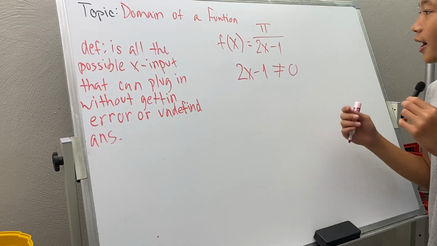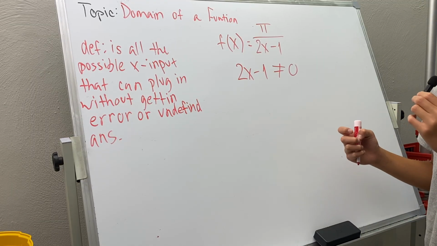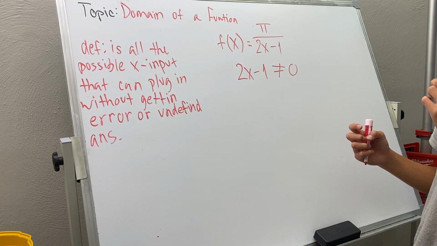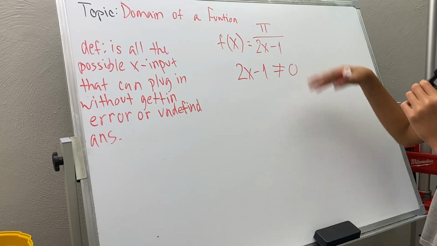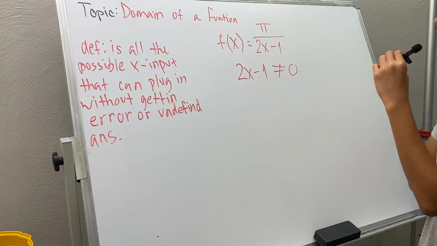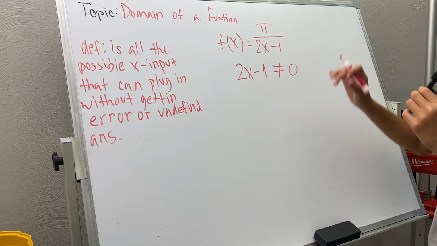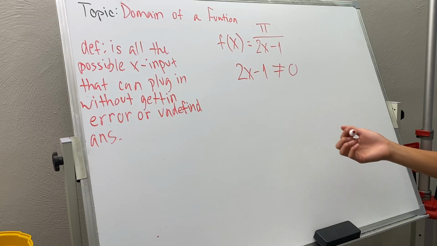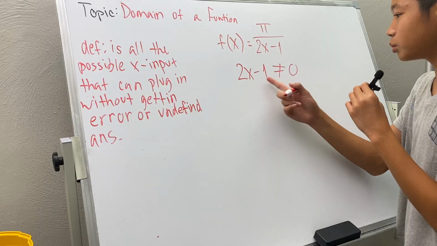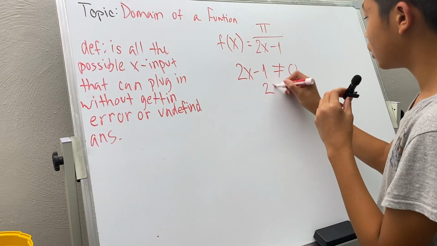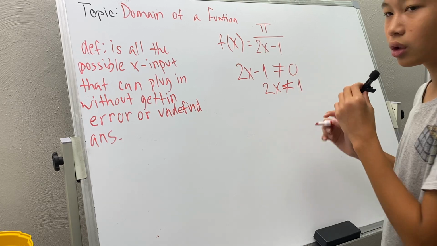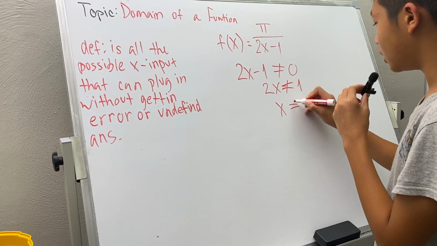So if you see a fraction function, it's like number over x, something x. As you can see here, let's put a 1 to the other side. So 2x can't be 1. So x can't be 1/2.